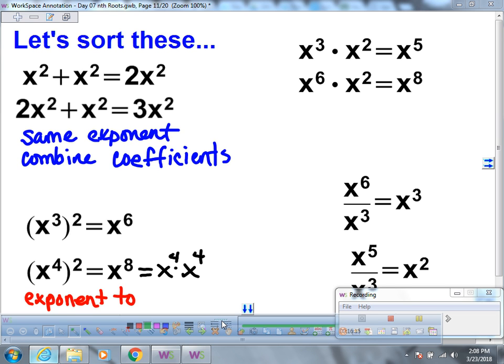Because really what you're doing here is you're writing 6 of them and 2 of them, which is a total of 8. So can we, Robert? I was going to say, you add the exponents and combine them, multiply coefficients. But these aren't coefficients. But they have coefficients of 1. They do have coefficients of 1. Yes.